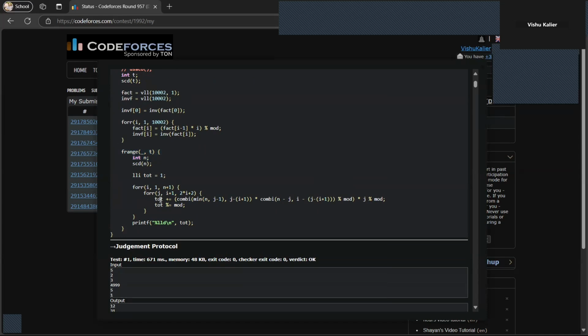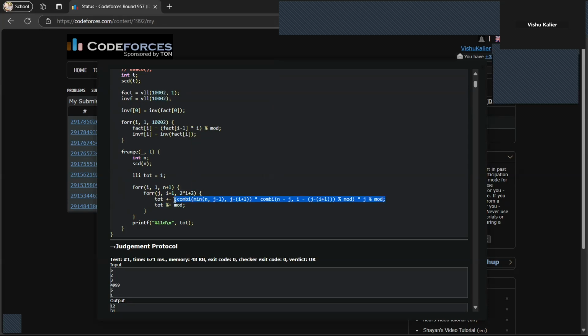And then simply, I use two loops, one within range 1 to n plus 1 and another within range from i plus 1 to 2 into i plus 2. Since it will be running till 2 into i plus 1, I ran it till 2 into i plus 2. I used the combination technique to evaluate the combination required, as we discussed and explained theoretically.